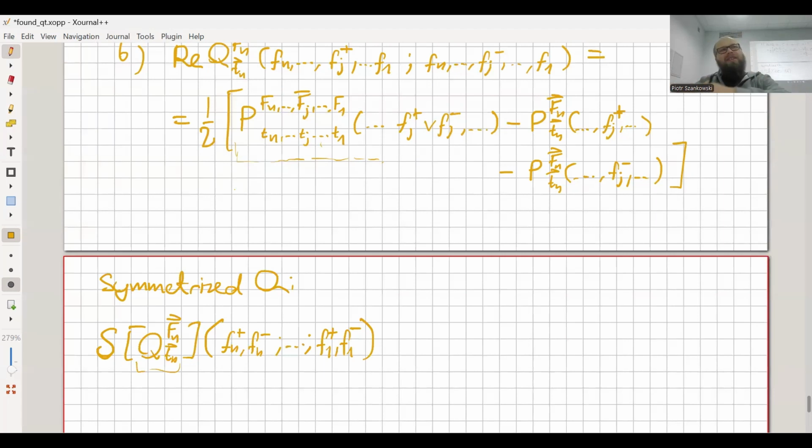And now we take Q and want to make out of it a quantity that's more symmetric. It's symmetric with respect to each pair, like here. So if I exchange Fn plus with Fn minus, I get the same value, and it goes for each and every pair.